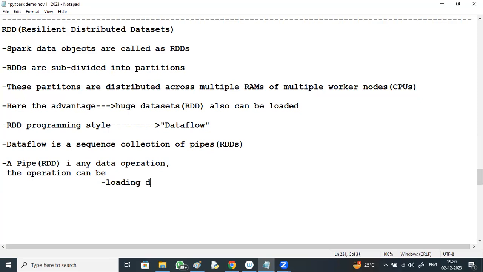The operation can be loading data. Whenever you load data, an RDD gets created.